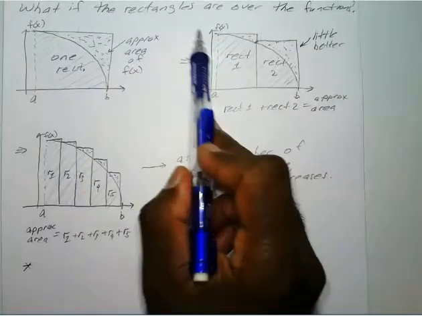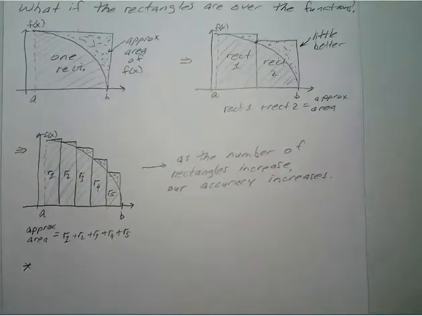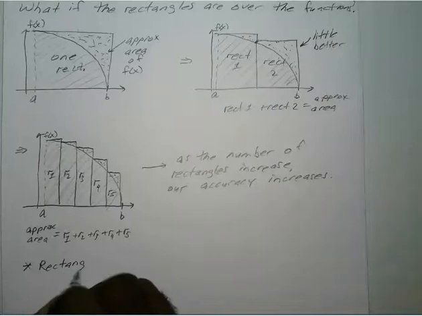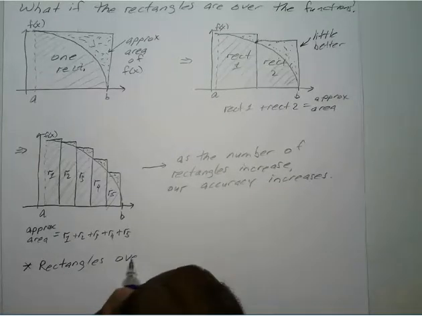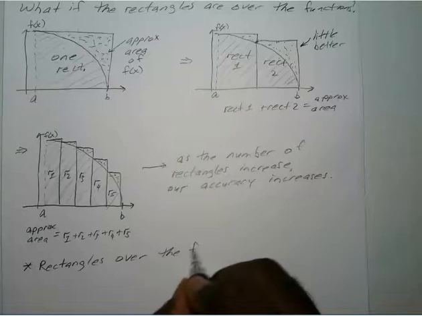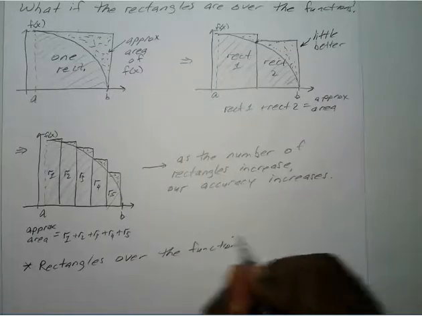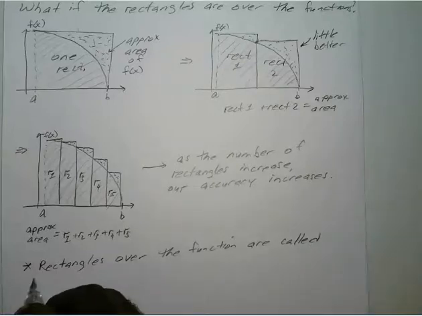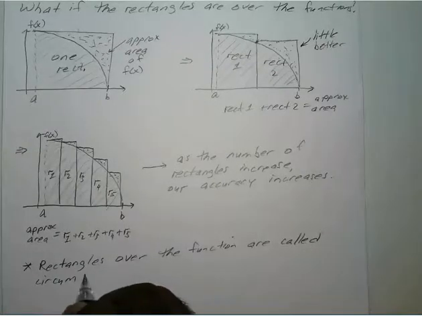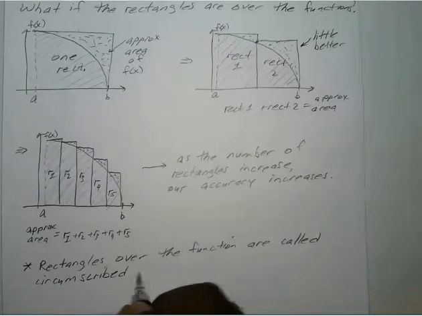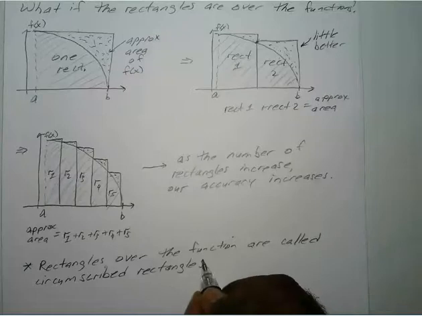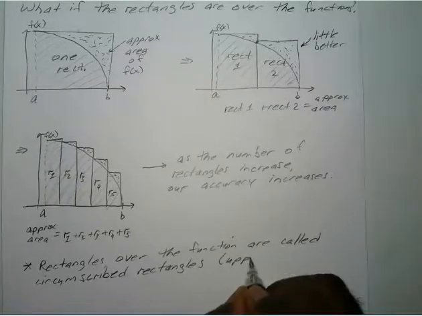So again, the estimate for this area is more than what the actual area would be. But when you have rectangles over the function, they are called circumscribed rectangles, which we will use to figure out the upper sum.